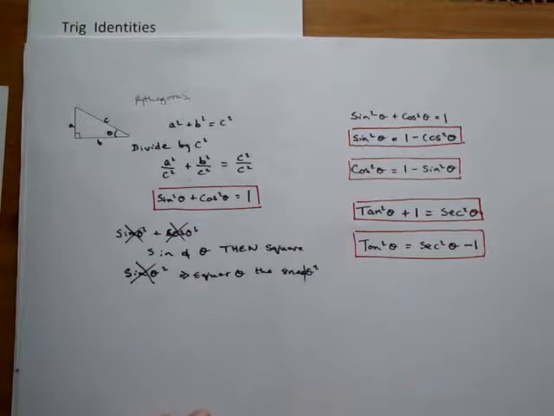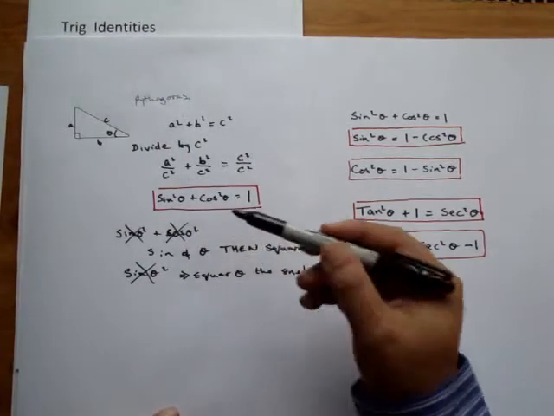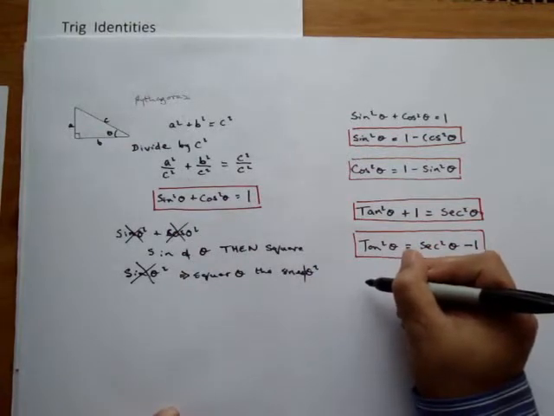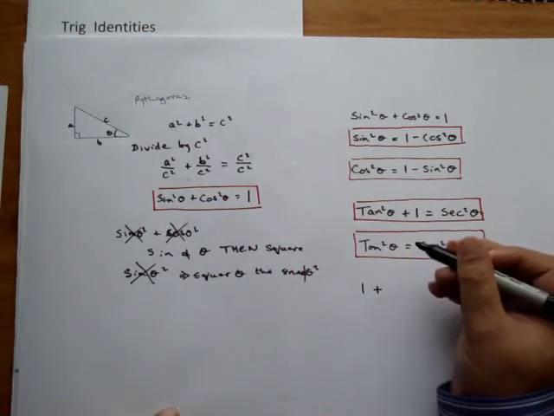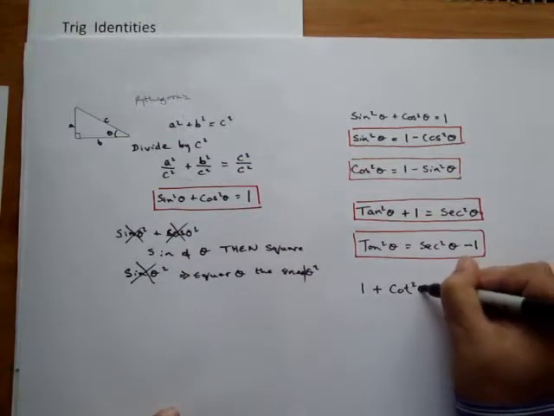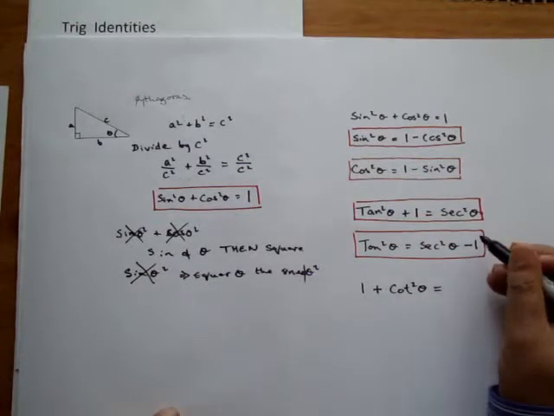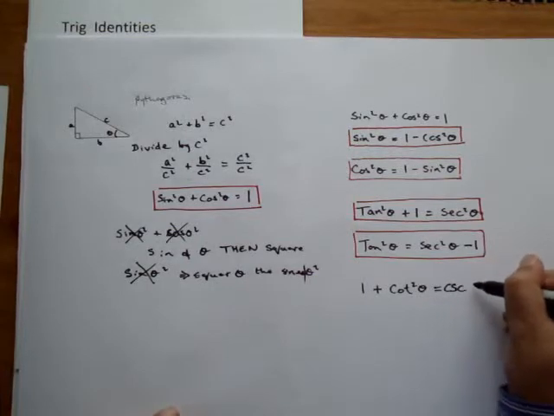And similarly, if we divide through by sine squared now, we get sine squared over sine squared is 1, plus cos squared over sine squared is cotangent squared theta, equals 1 over sine squared theta, which is cosecant squared theta.